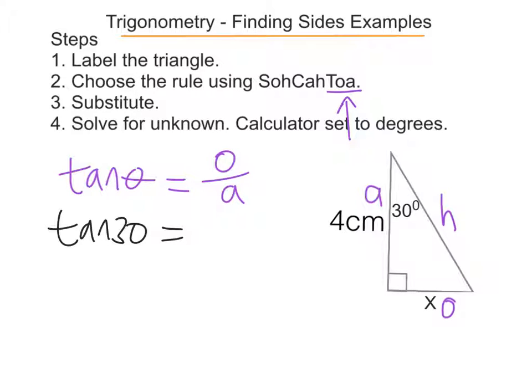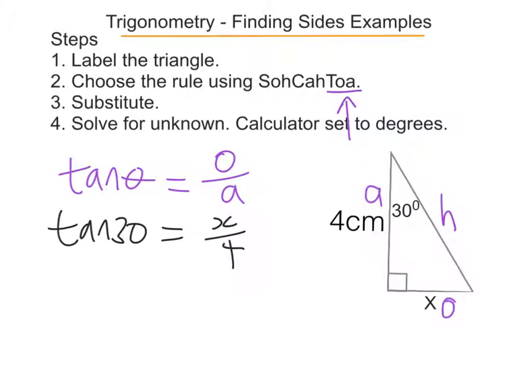Now, opposite is x and adjacent is 4. So I substitute in, I put x over 4. So you can see that it's just a matter of writing out the equation. You've got to choose the correct one, of course, and that's why we label it. Then substituting in x where there's an O, and 4 where there's an A, and 30 where there's an angle.